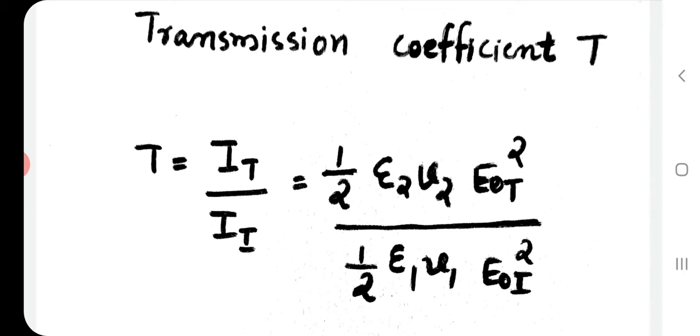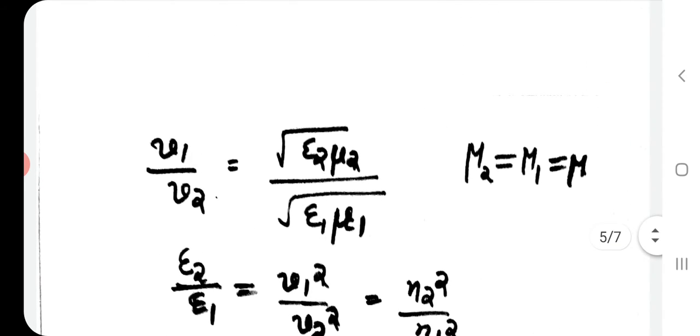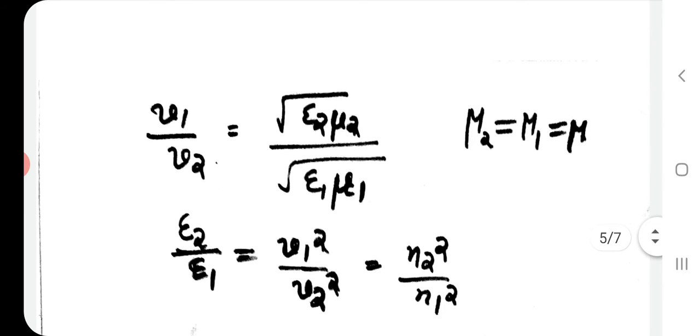And here we have epsilon 2 by epsilon 1. We know V1 by V2, where V1 is the velocity in medium 1 and V2 is the velocity in medium 2. V1 is 1 by root epsilon 1 mu 1, and V2 is 1 by root epsilon 2 mu 2. So V1 by V2 is root epsilon 2 mu 2 by root epsilon 1 mu 1.